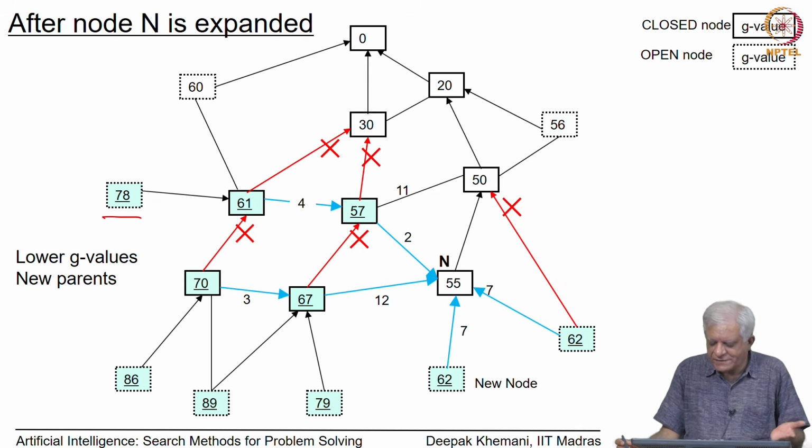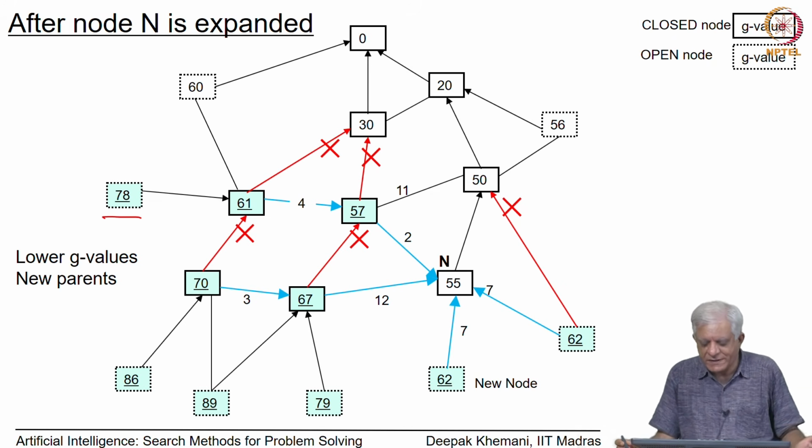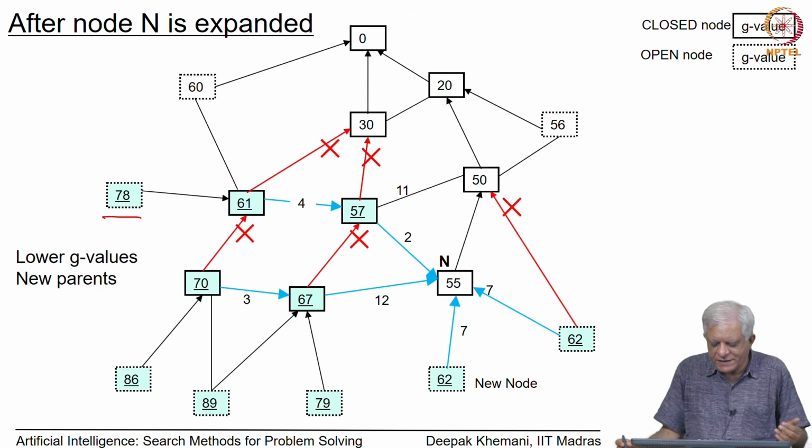We do not know which one is the lowest f value here, because we have not specified the heuristic function, but if there was a heuristic function, then that particular node would be picked, and hopefully the search will move more towards the goal node. Okay. So, I hope this gives you a clear understanding of this algorithm A star.